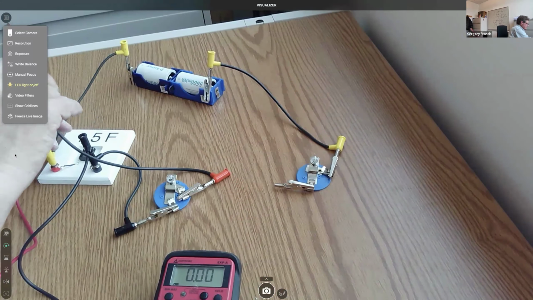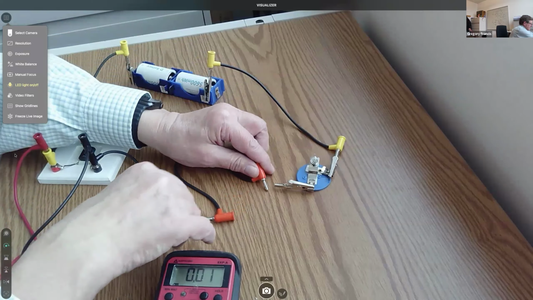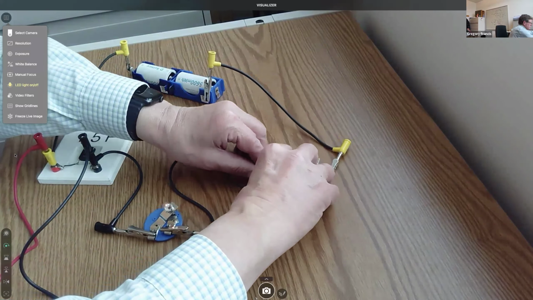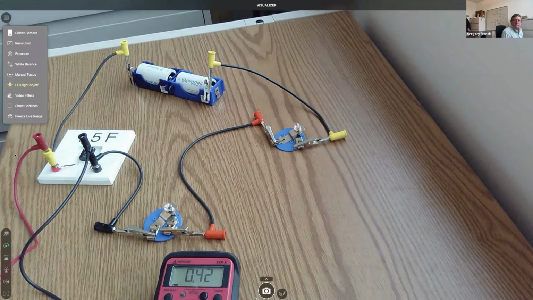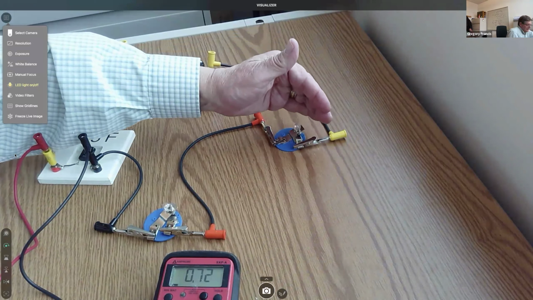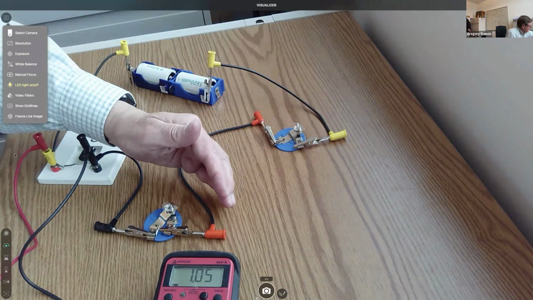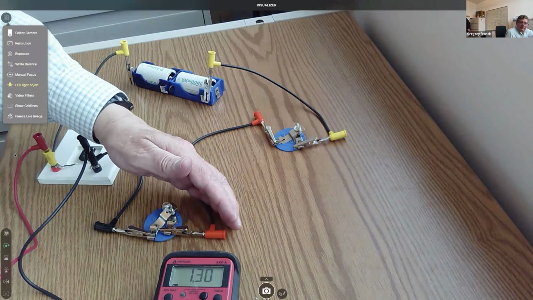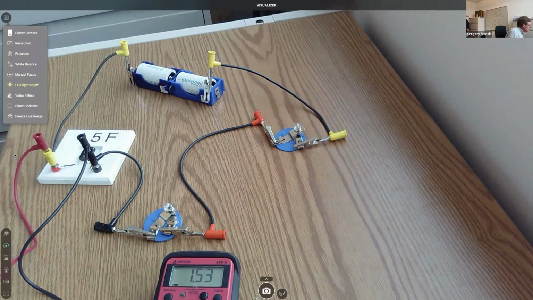Okay, we've got the capacitor empty, and now we go. Okay, those two bulbs are equally dim, and they're going out.